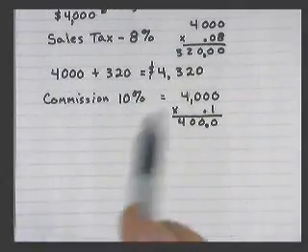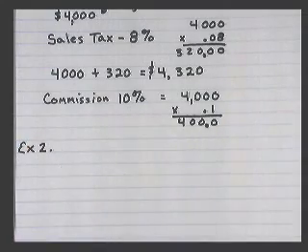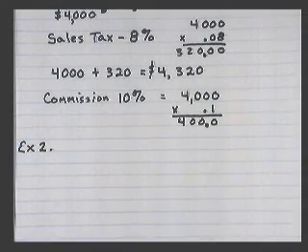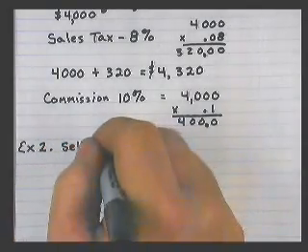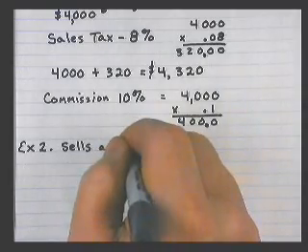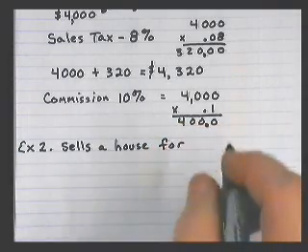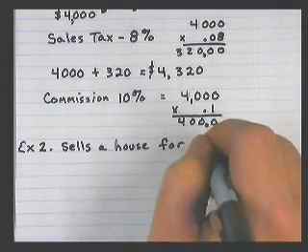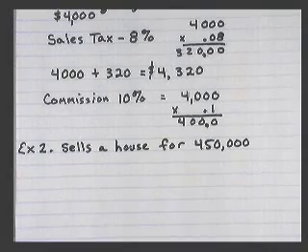Let's say a real estate agent sells a house for $450,000.